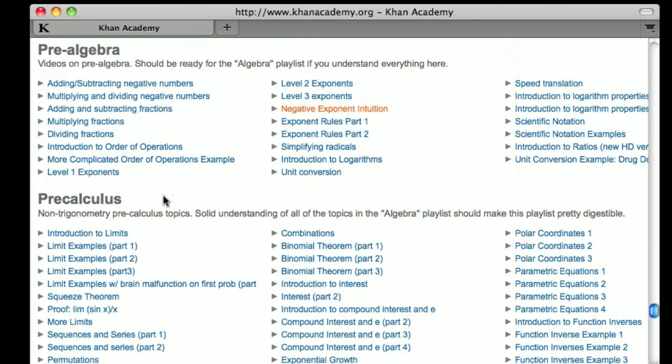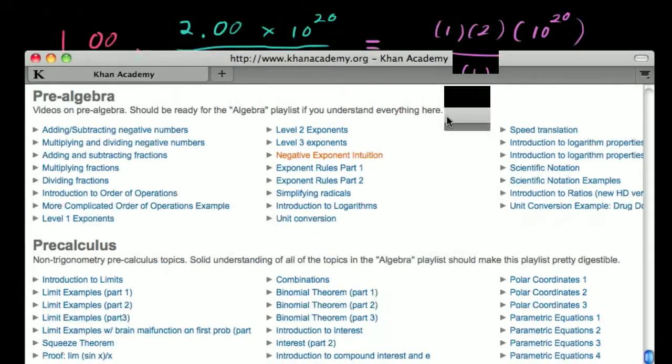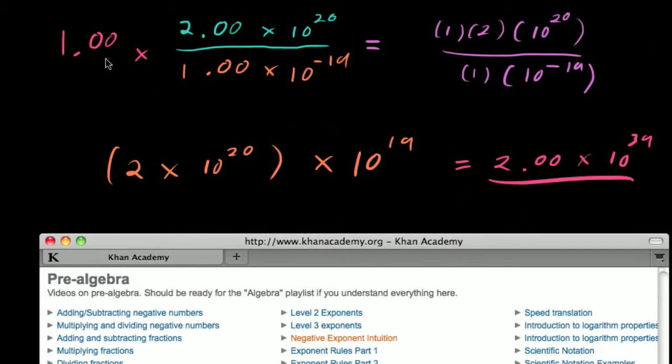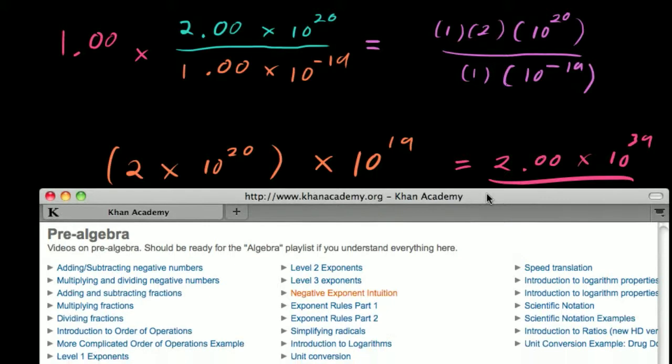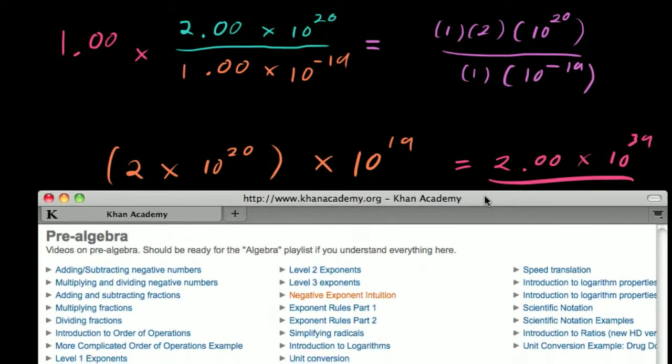We've got level 1, level 2, and level 3 exponents, a negative exponent intuition video, and two different videos on exponent rules. That'll give you all the knowledge you need to solve something like this without a calculator. If you were able to solve this before this video, then great. If you were a little rusty on something, again, this is just a self-test for you.